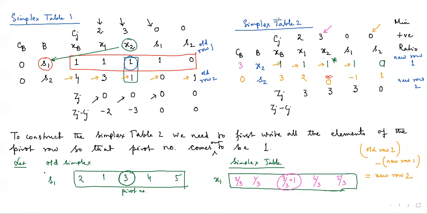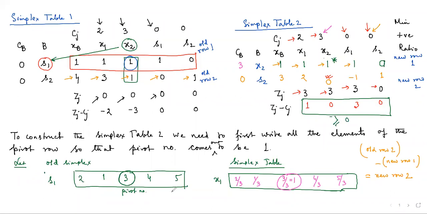And Zj minus Cj means this minus this, that is 1. This minus this, that is 0. This minus this, that is 3. And this minus that, that is 0. And we are fortunate enough to get all the elements of this table to be non-negative. All the elements are greater than or equal to 0.